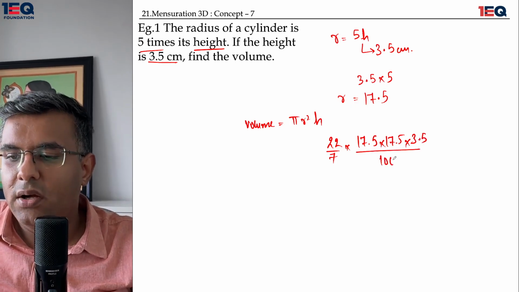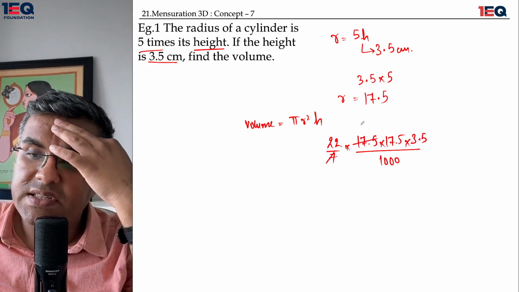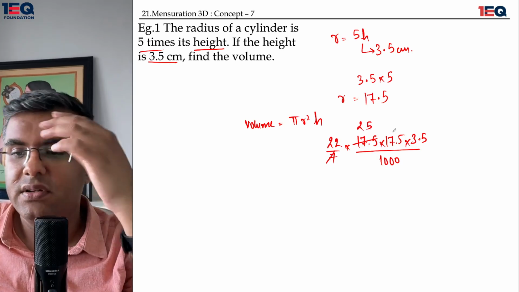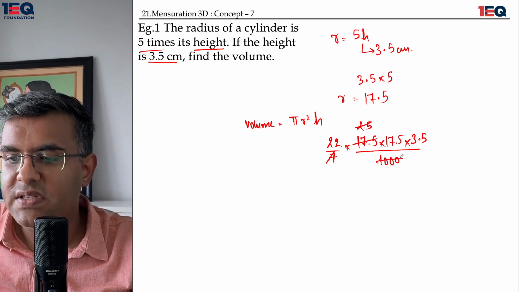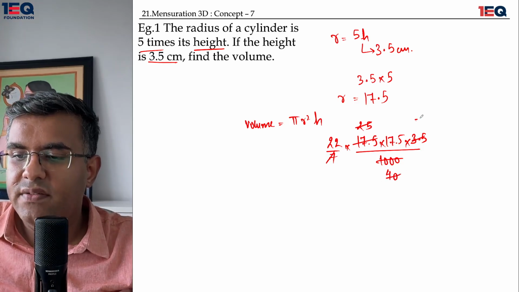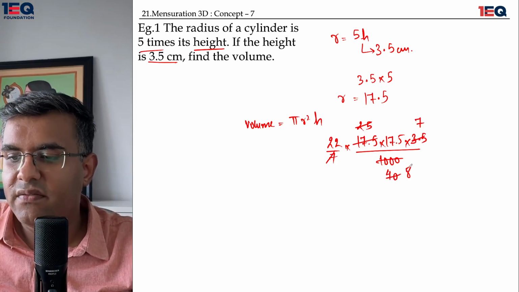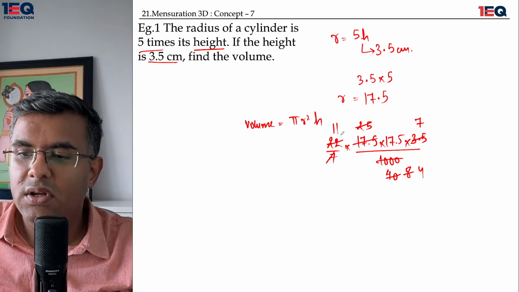I would get 1,000 in the denominator. 7 ones are 7, 7 twos are 14, 7 fives are 35. Sorry, yeah, 7 fives are 35. This is 25, this is 5 sevens are 35, this is 5 eights are 40, this is 2 fours are 8, this is 2 11s are 22.